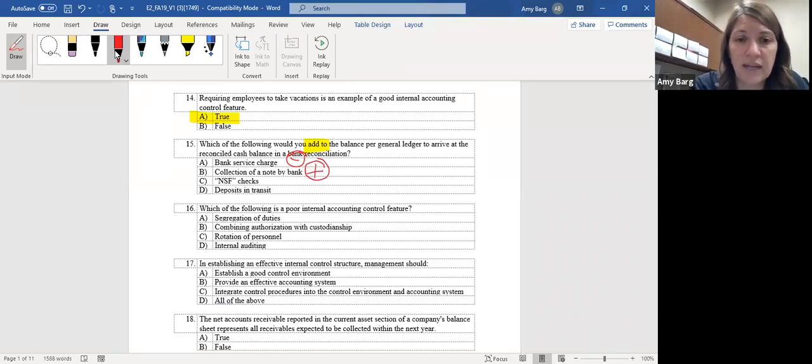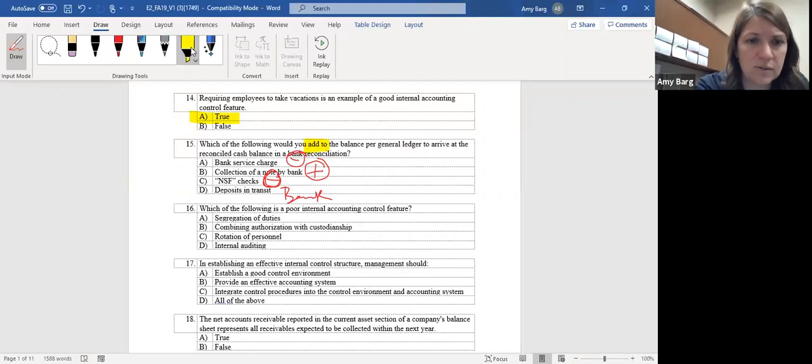The bank put that in your account, but you don't have that in your account yet. So you need to add that to your cash balance. An NSF check is a check that bounced. It's a not sufficient funds check. That's something that would get subtracted. And a deposit in transit is something that goes on the bank side, not the book side. So the answer to this one is letter B.